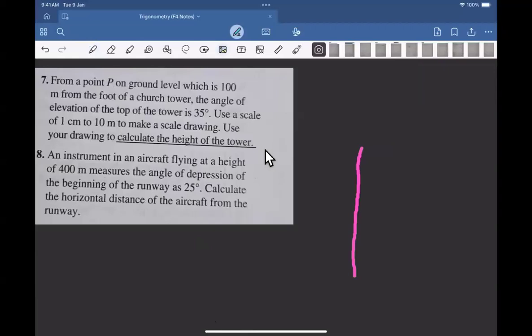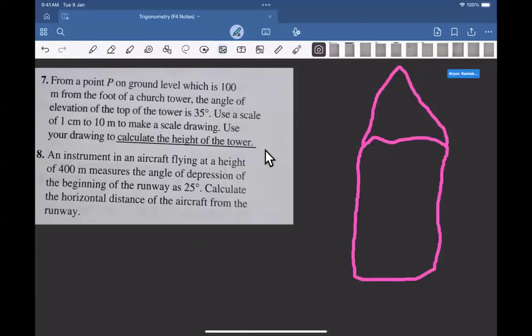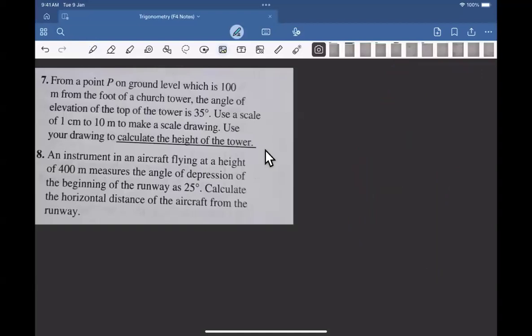Wow, such nice drawing. Hold on, I'm gonna get it. We can't take too long. Oh God, I deleted the thing.